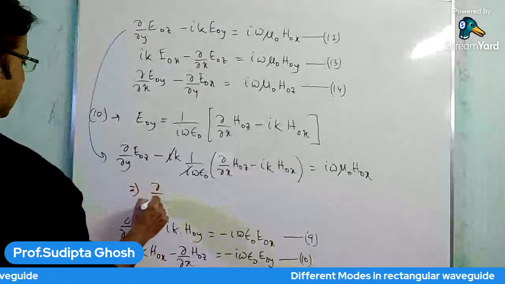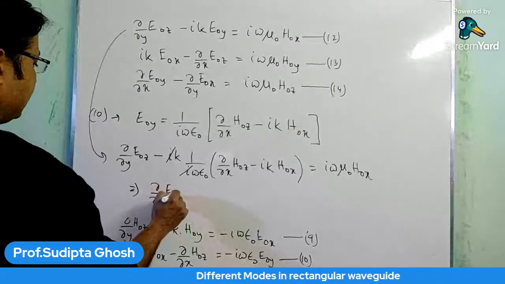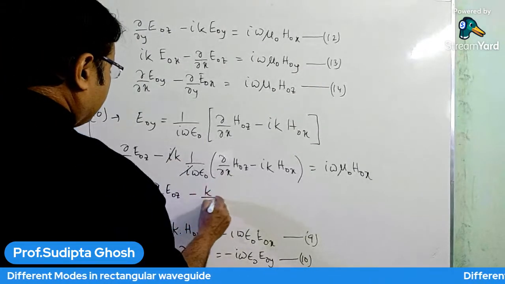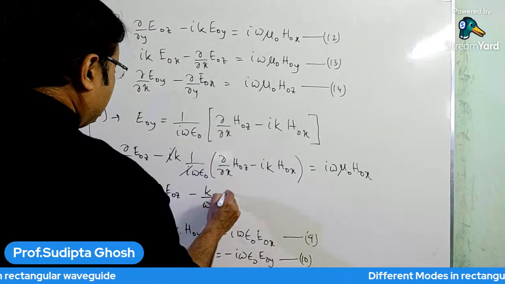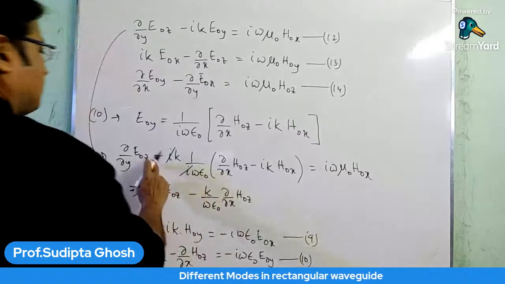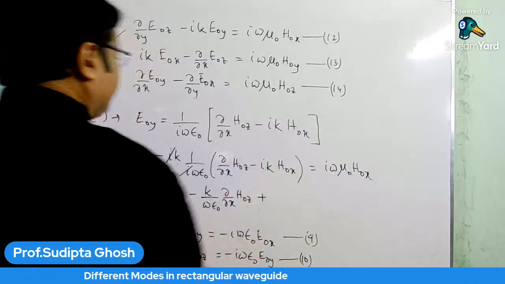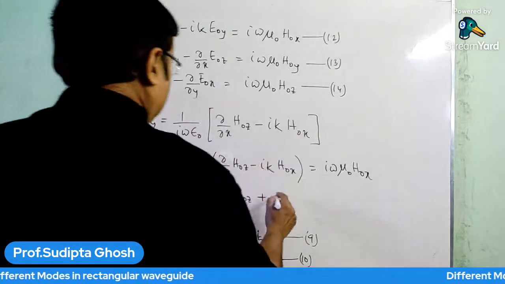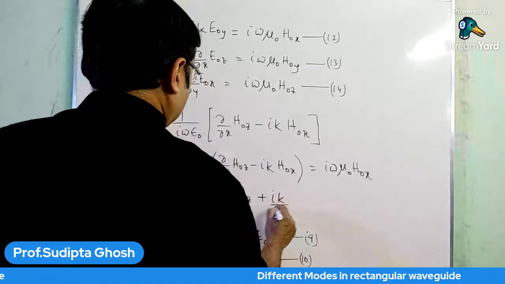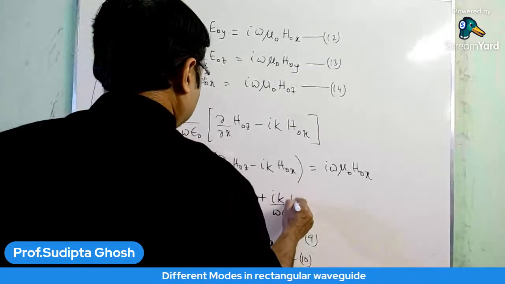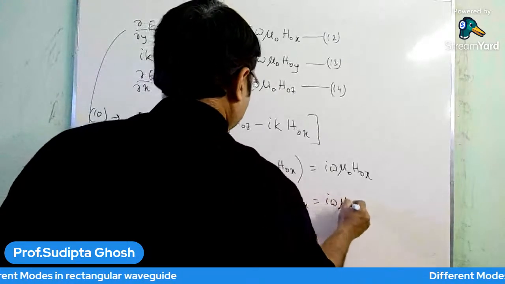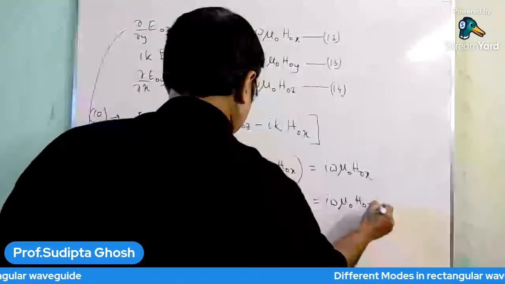So del y of EOZ minus K by omega epsilon 0 del x of HOZ plus, and then again i K by omega epsilon 0 HOX, and on the right hand side i omega mu 0 HOX.